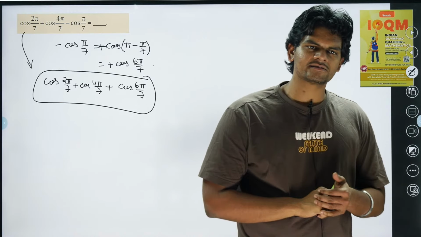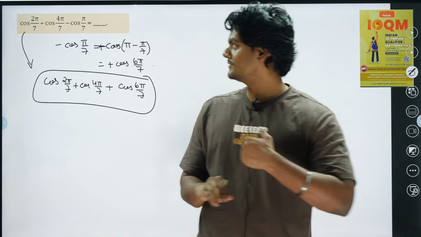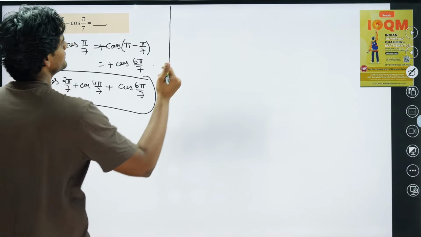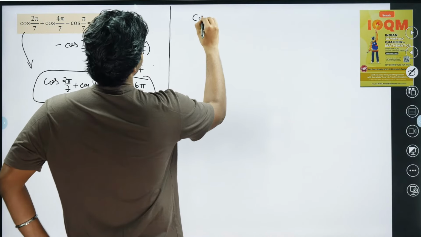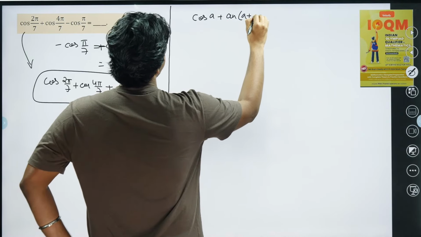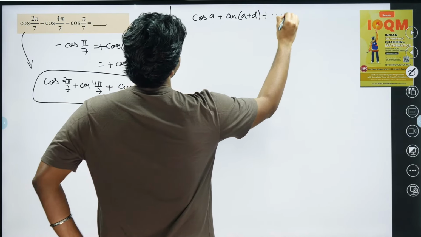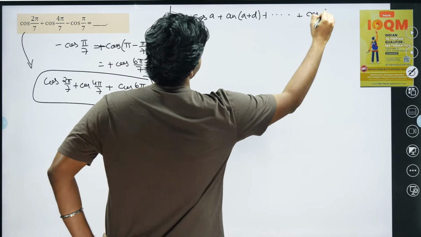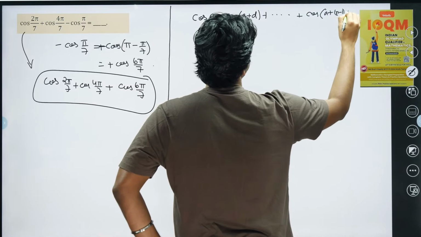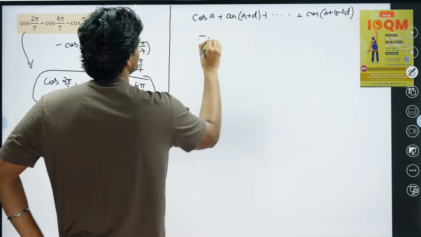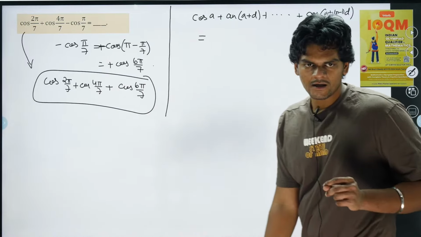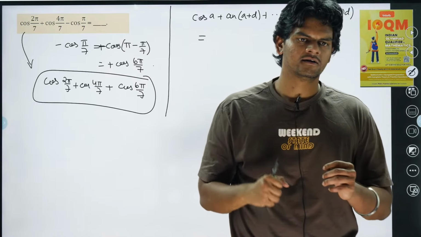If you remember, in one of my videos, I found a very interesting way to write this: cos A plus cos A plus D plus ... plus cos of A plus n minus 1 D. Do you remember that I solved this?